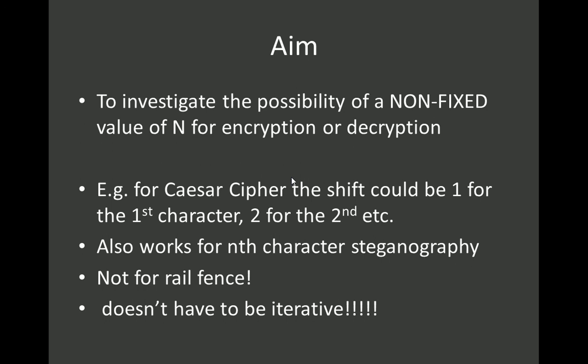Now crucially, for the Caesar cipher, if you think about it, we could have it that for a given message like hello world, the letter H could be shifted by one character, the letter E shifted by 2 characters, the letter L shifted by 3 characters, and as long as you knew the starting point for the message and the upper and lower bound of the key, you could still decrypt it.